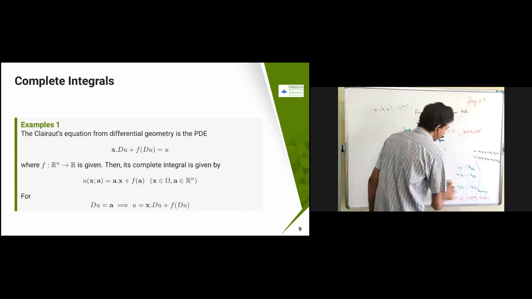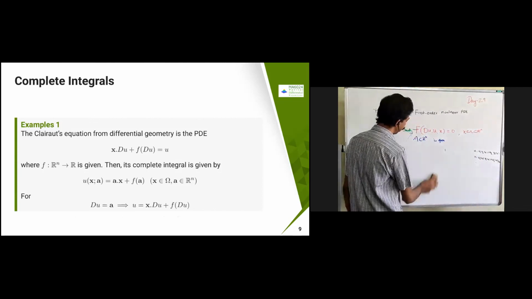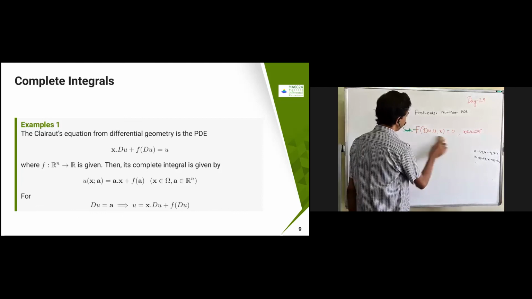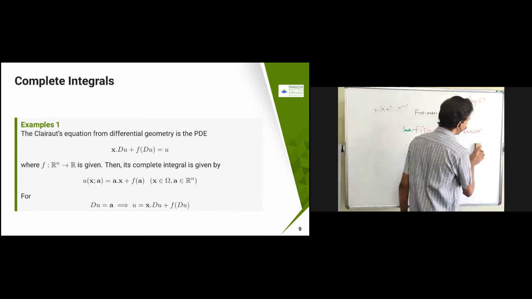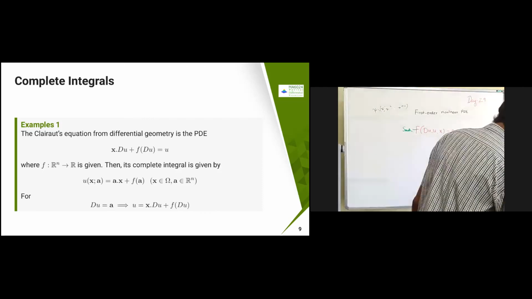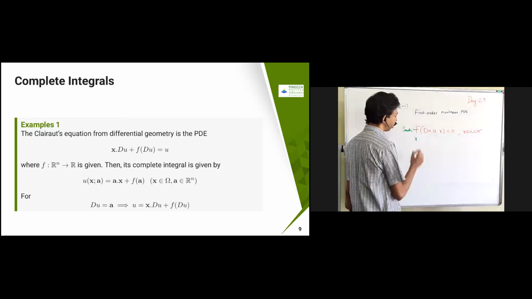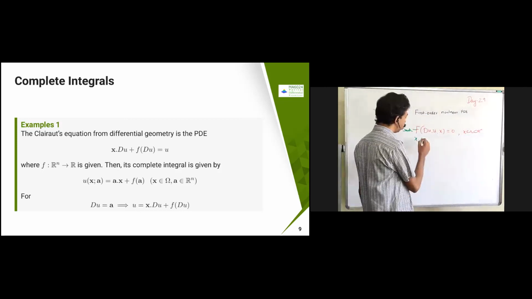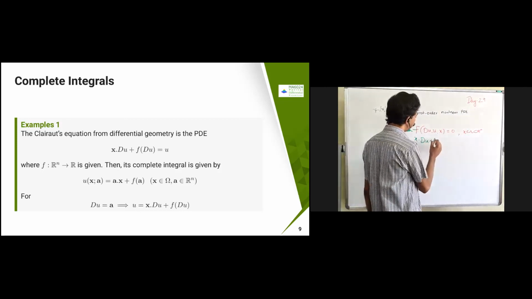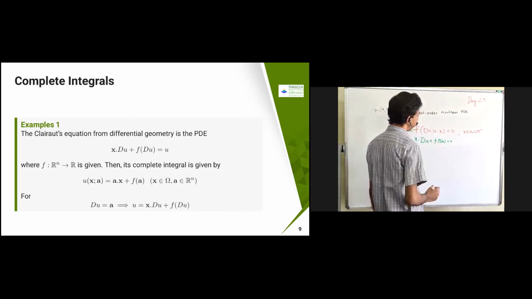Okay. So now I have Clairaut's equation, which is one of the important equations in differential geometry. In differential geometry, you have this PDE, which is called Clairaut's equation: x · Du plus f of Du equal to 0.